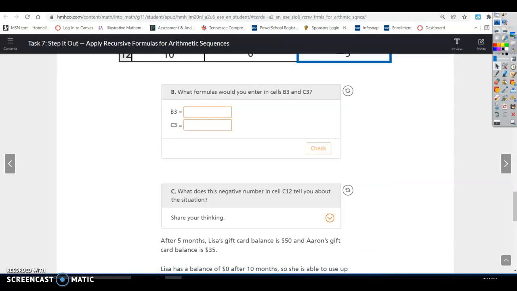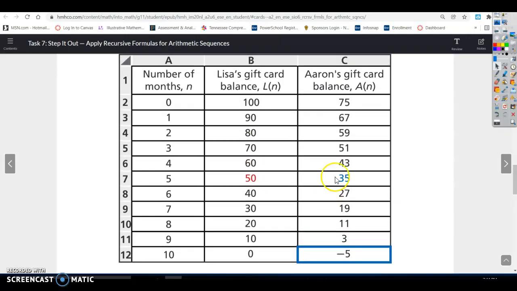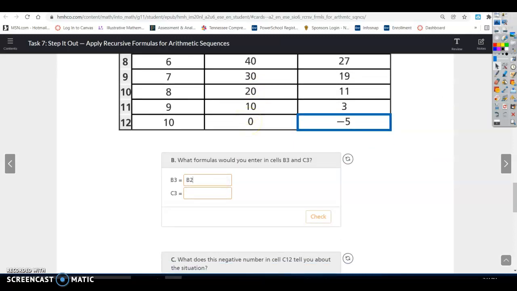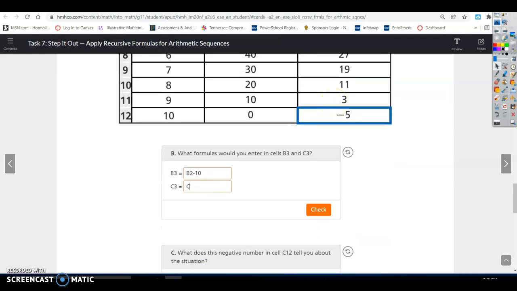All right, so it says, what formula would you enter in cells B3 and C3? All right, so B3 would be right here. So how did we get 90? We took B2 minus 10. And for C3 it was 75 minus 8. So that's going to be C2 minus 8.